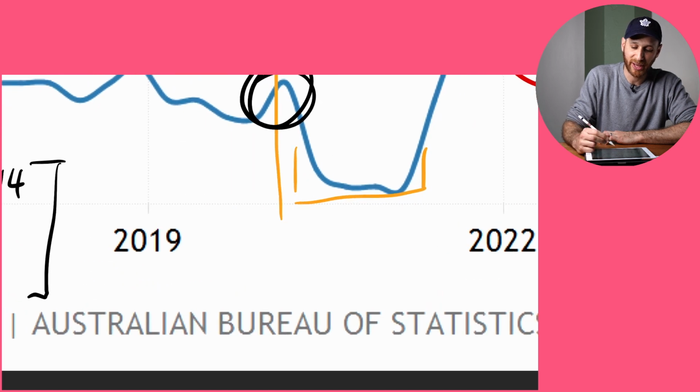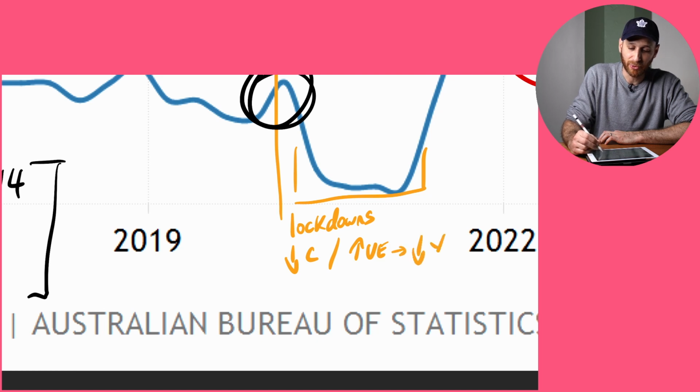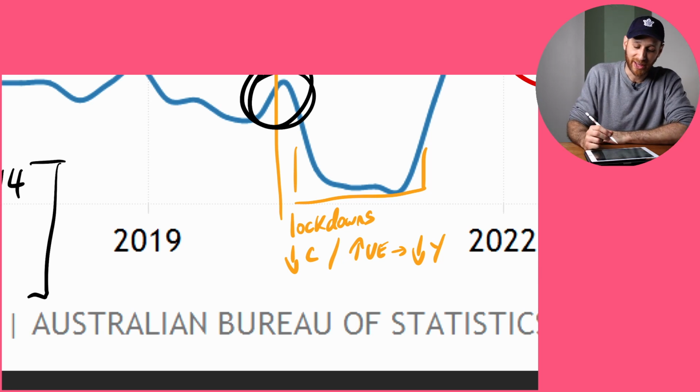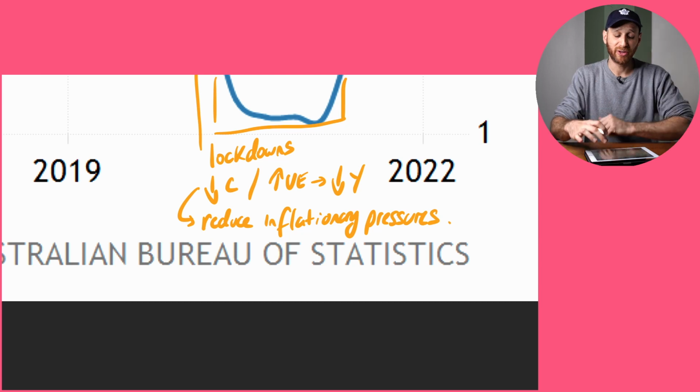So we can think about, okay, we've got lockdowns, so people can't spend as much. We have a decline in consumption, and during this period of time we also have a rise in unemployment, which is going to lead to a fall in people's incomes. So all of these factors will reduce inflationary pressures. That's what COVID brings about.